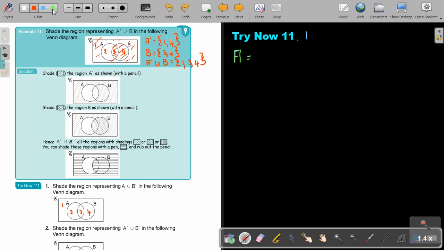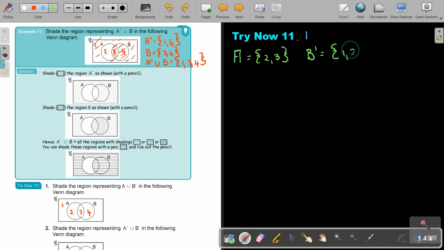So, okay, if I have A, and then I'm just going to start with A. So, what is in A? It's just 2 and 3. Remember, I put in the elements myself. Okay, and what is in B's complement? And B's complement, remember, it's the complement of B, and look what it is.